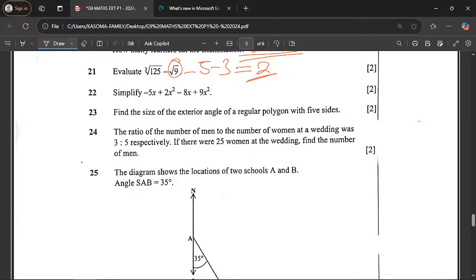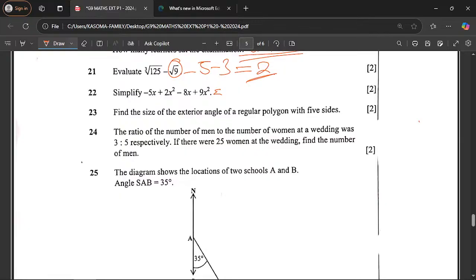All right. We come to the next question, which is simplify negative 5x plus 2x squared plus or minus 8x plus 9x squared. What we're going to do here is simple. The first thing we need to do is rearrange them in order.